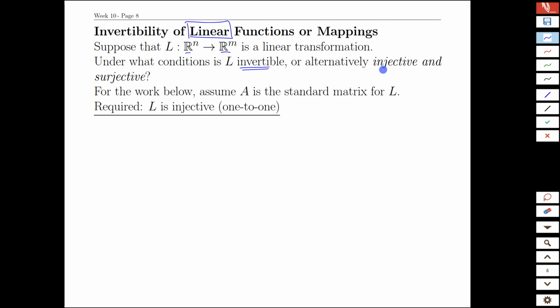Well, we already said that it's going to be invertible if and only if it is injective and surjective. All right, let's take those one by one. Let's look at the injective, one-to-oneness. So what we have is the input Rn mapping to Rm, and we want a particular pattern to this, so let's emphasize that.